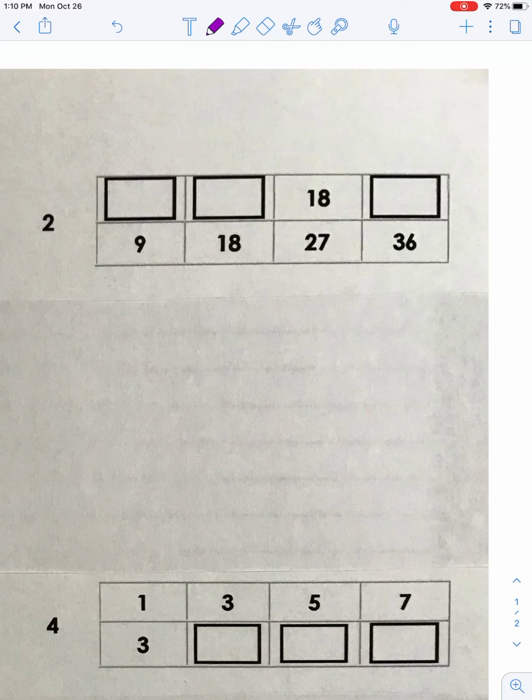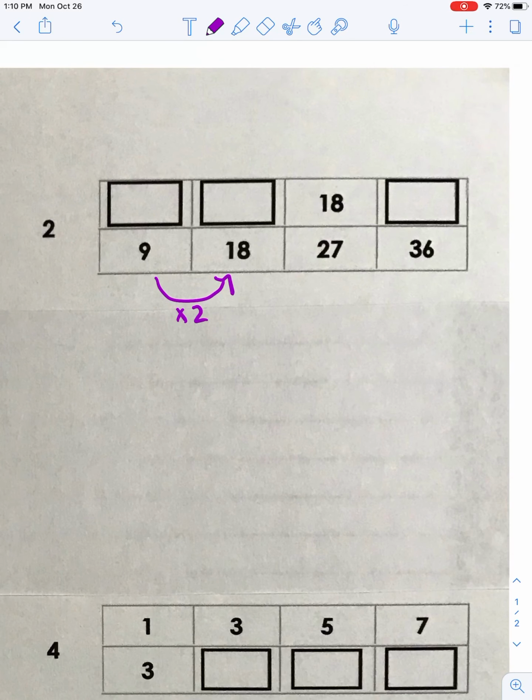So let's look at this one. Now, I could say to myself, well, I know to get from 9 to 18, I multiply by 2. But you see, that's not going to help me because I don't have a value to multiply by 2 in the first column. So I have to look elsewhere for a relationship that I know. Well, you see up on top I have an 18, so I really want to start there.